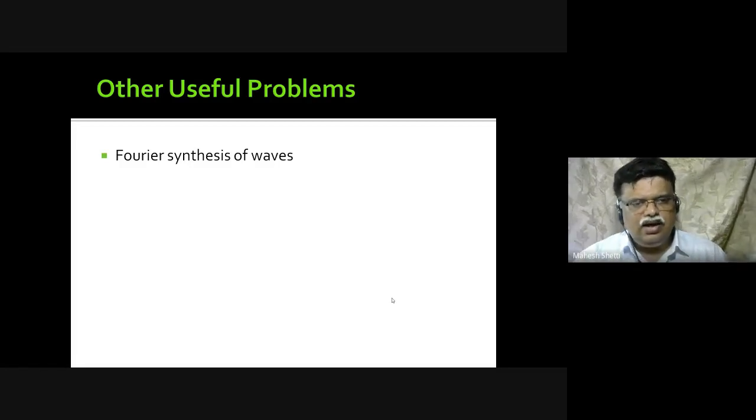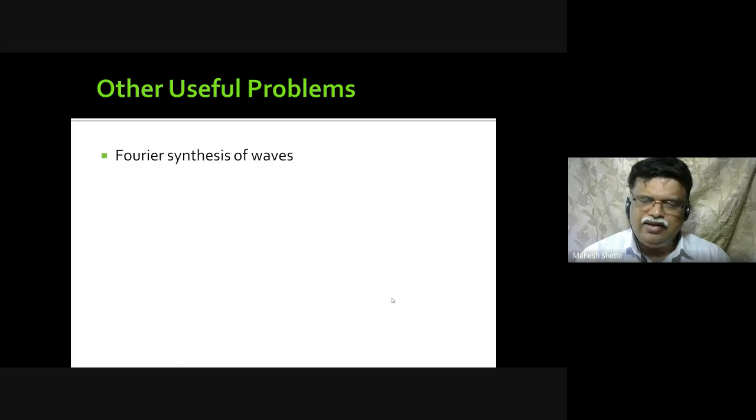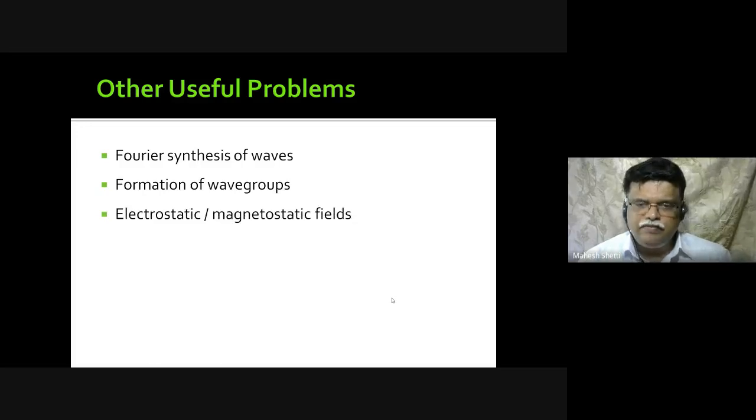But this is relatively simple. You are given the different frequency components with their phase relations and amplitudes. You need to just add them, the way you added waves to get a wave packet. So we can generate Fourier synthesis, and you can see how different wave shapes can be made. This is the simple part. Formation of wave group we have already seen.